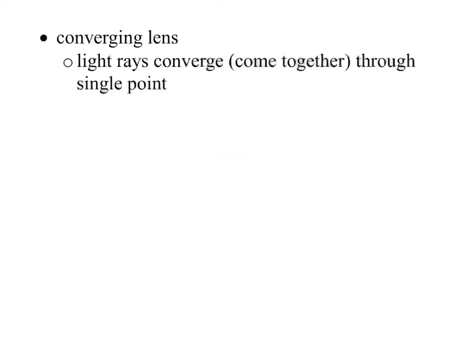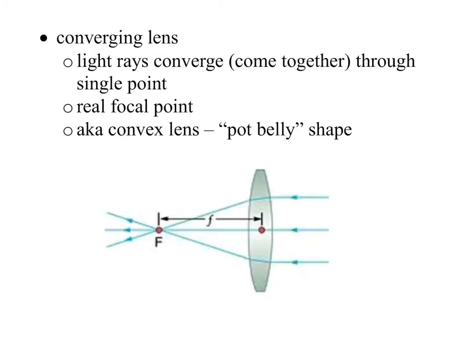Okay, so we're going to go over our converging lens and our diverging lenses, just like we had converging mirrors and diverging mirrors. So here's what a converging lens looks like. It's that convex lens. It's kind of like this pot belly shape. All right, so since it's a converging lens, it means it has a real focal point, meaning that they don't look like they're coming from a focal point.